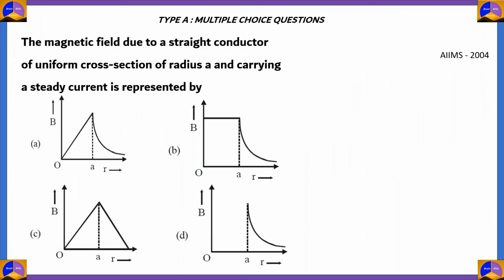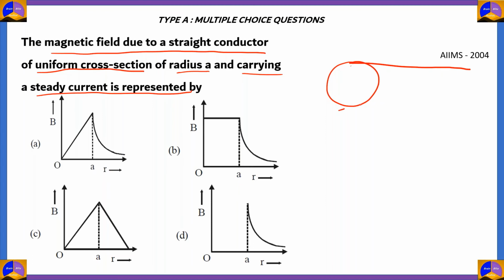Now, let's look at our final question of this episode. The magnetic field due to a straight conductor of uniform cross-section of radius A and carrying a steady current is represented by. So we have a straight conductor like this.